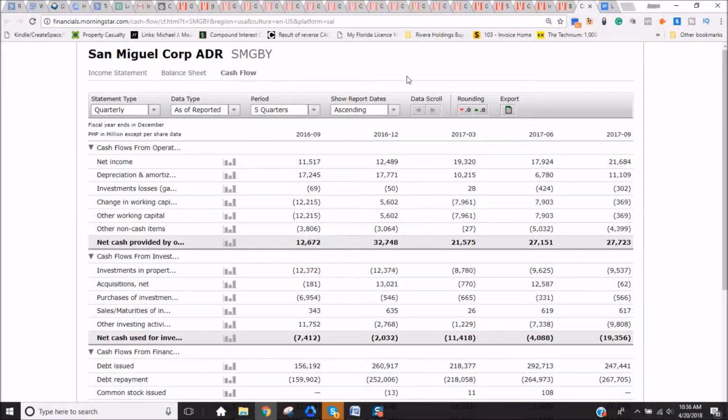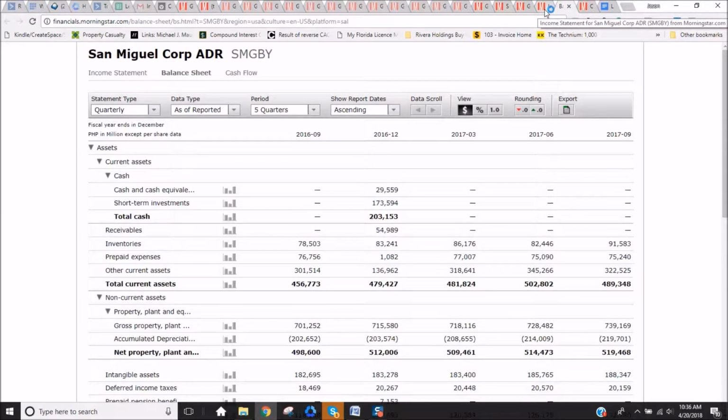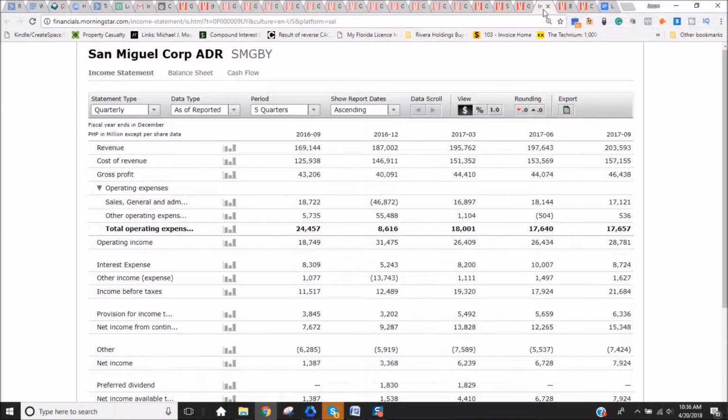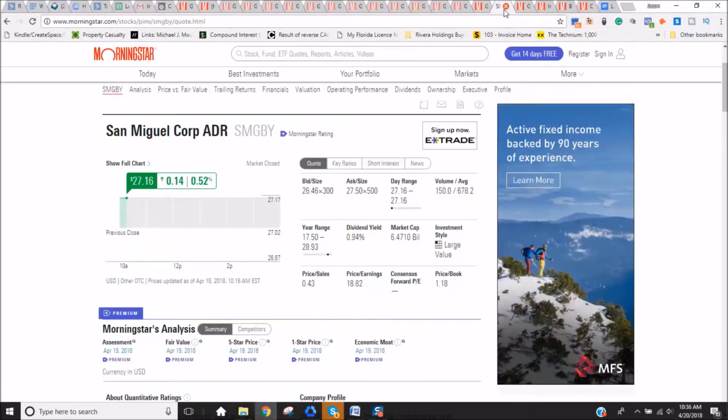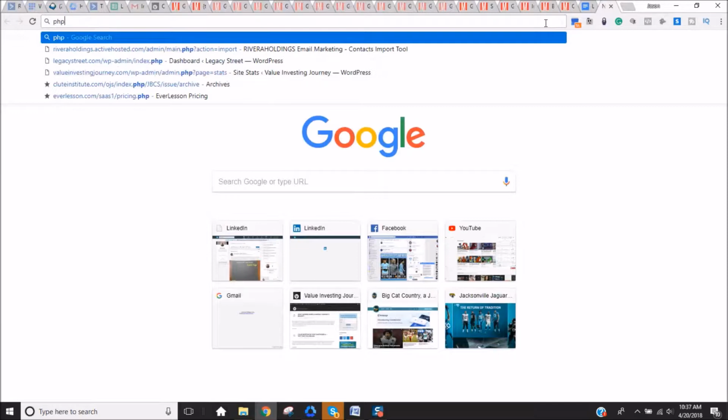Let's do a basic EV calculation. On a preliminary analysis, we'll go through the EV and EBIT calculations. Here we're going to have to convert Filipino pesos to US dollars.